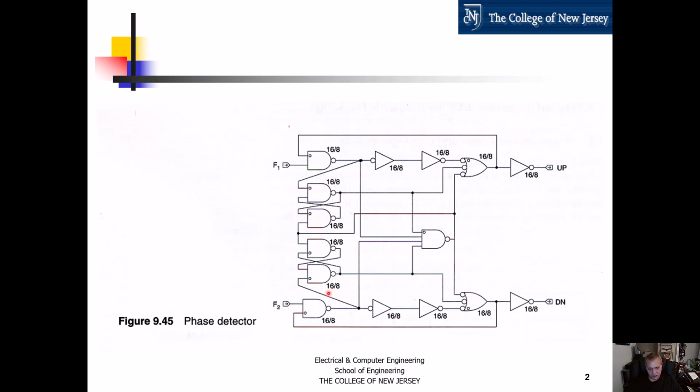So when you see these numbers outside of the gate, what it is relating to is the relative size of the P transistors and the N transistors in terms of the minimum size of the transistors.